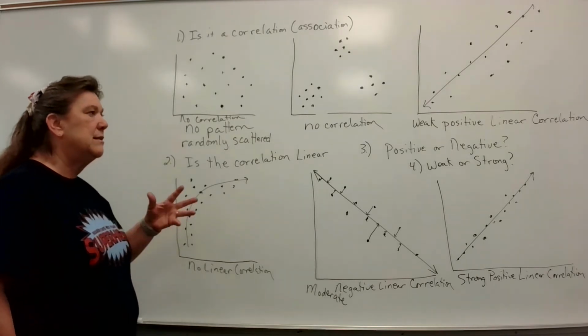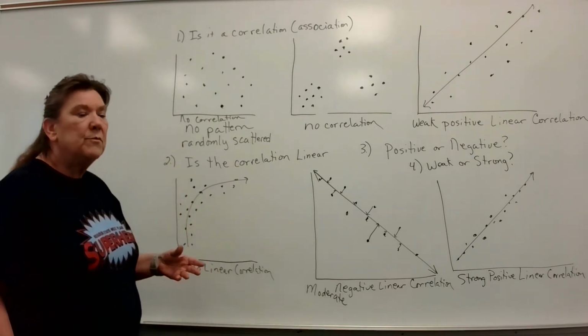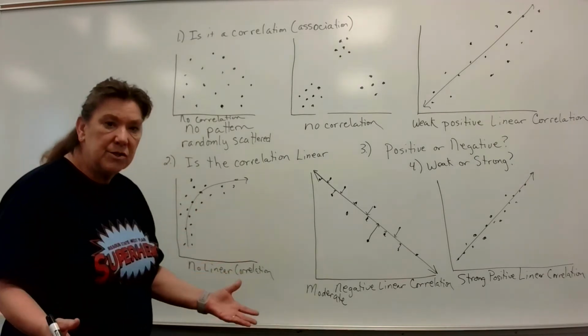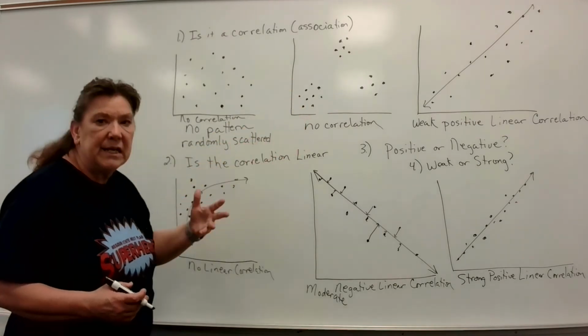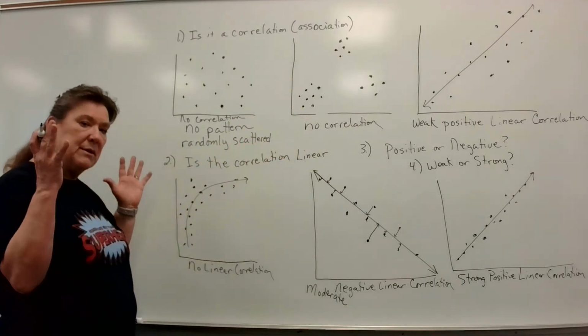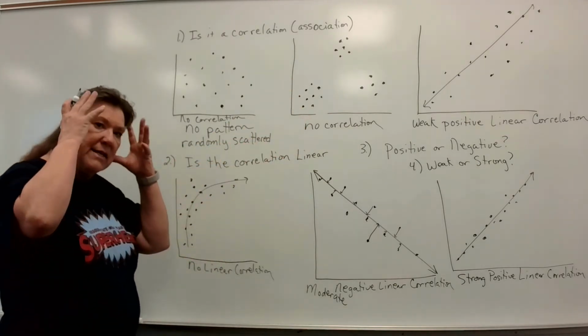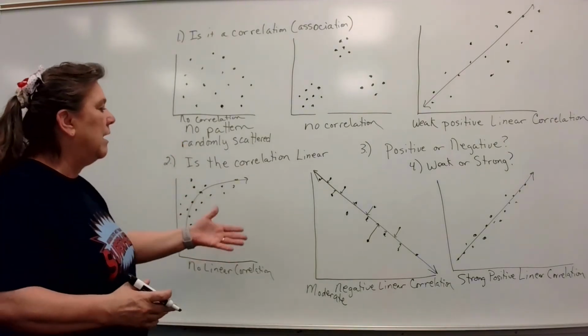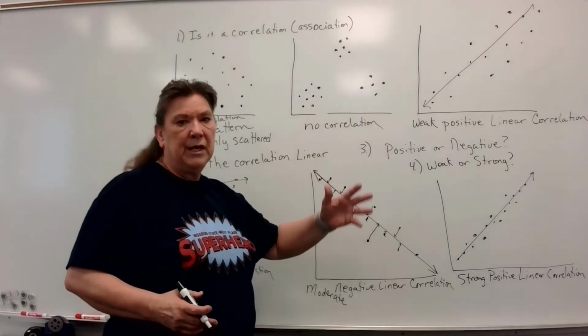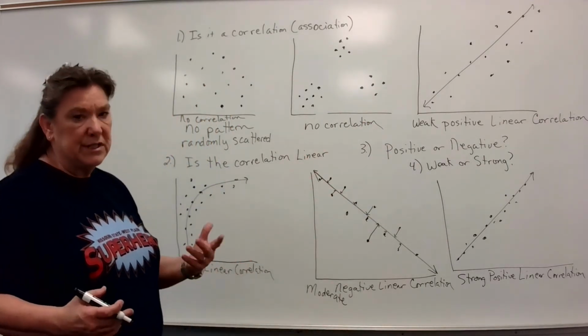It's not hard. We're not going all the way into correlation where we actually figure out what that line is. All we're doing is looking at the picture of it, getting the idea in our minds of what the image is when we're seeing a line of correlation and whether it's weak or it's strong.